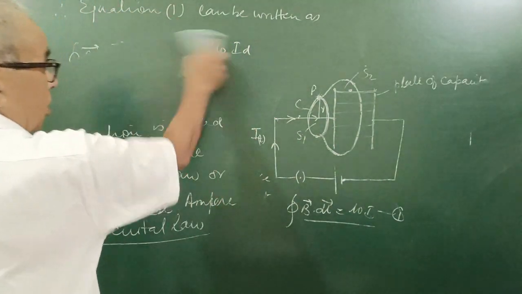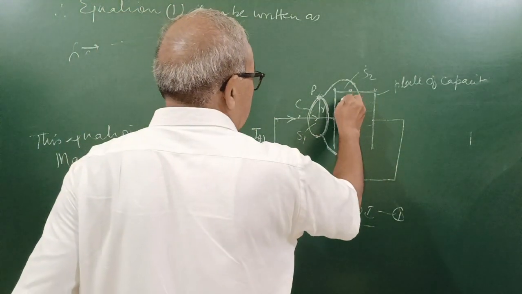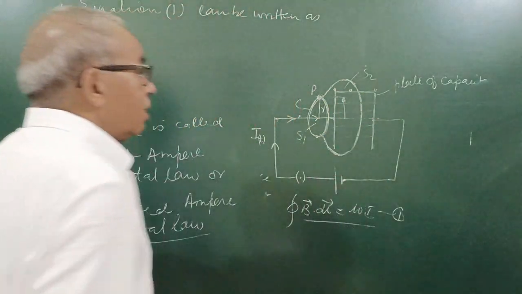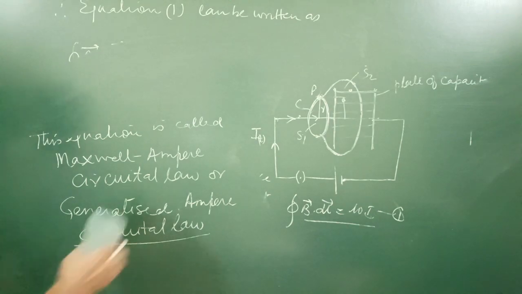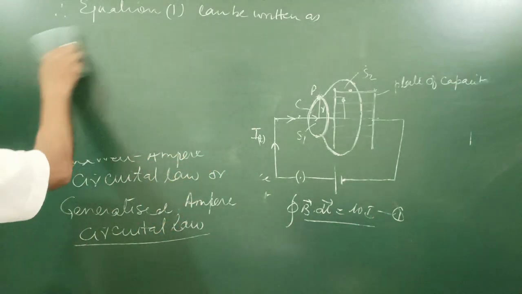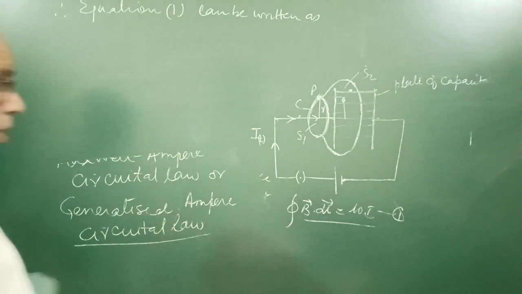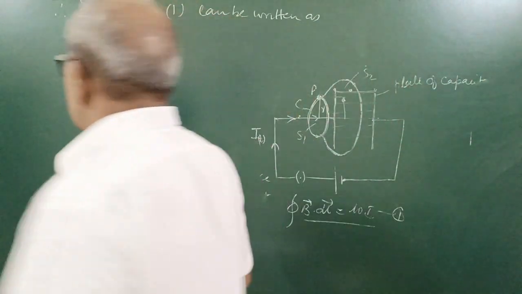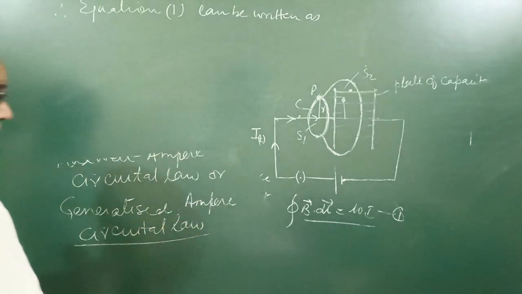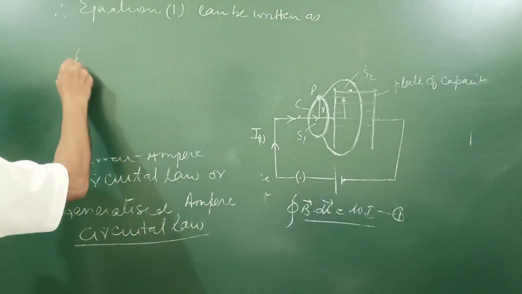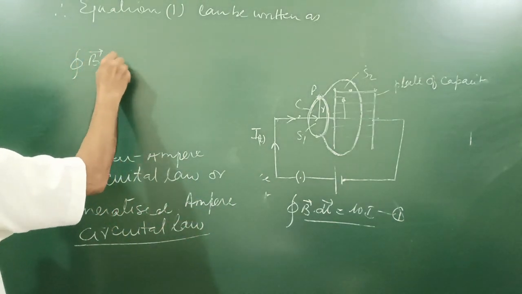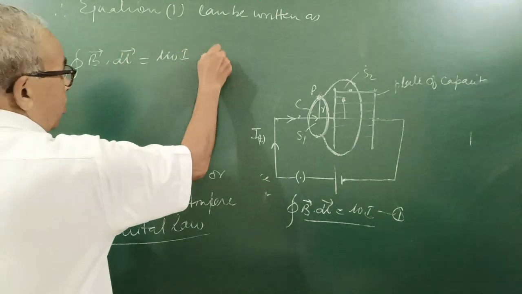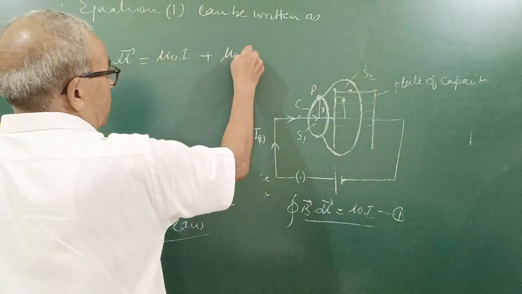But if we think there is a point M here at the same distance from the axis, then the two fields are equal. And actually, this Maxwell Ampere circuital law has become consistent, and we can write like this, I plus mu 0 I D.